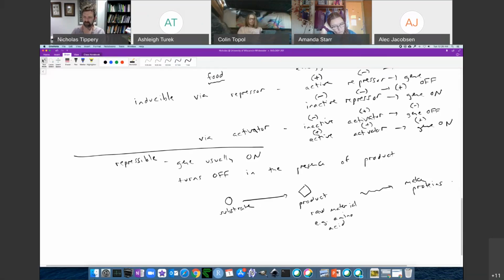So if that product is made and it is in high demand, then it's going to keep flying off the shelves, right? So if you make glycine amino acid and proteins are constantly being made, then it's a good idea for the cell to keep making amino acids because they're being used, right?